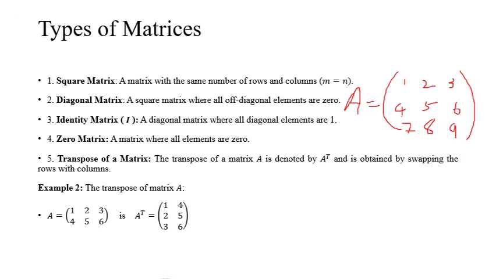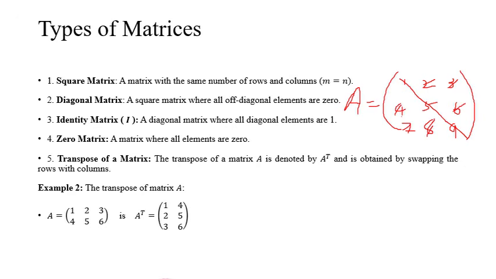So a diagonal matrix is a square matrix where all off-diagonal elements are 0. This is the diagonal of this matrix. So off-diagonal are the other elements beside the ones on this diagonal. So when all the off-diagonal elements are 0, it shows that this one is 0, this one is 0, this one is 0, this one is 0, 0, 0.